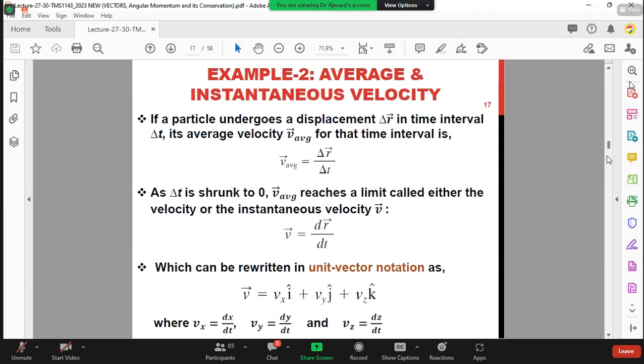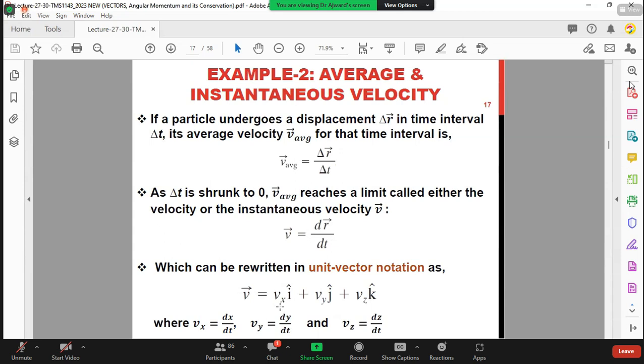Yes, this is another example. So if you know this r hat unit vector, you can find the average velocity. That is, if you know the displacement, you can find the instantaneous velocity and average velocity.